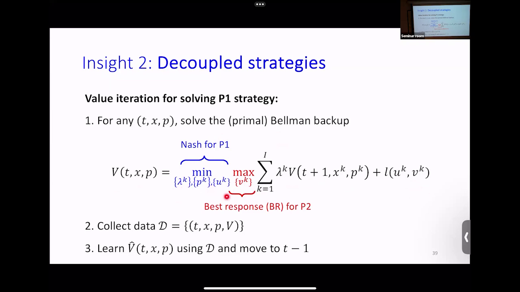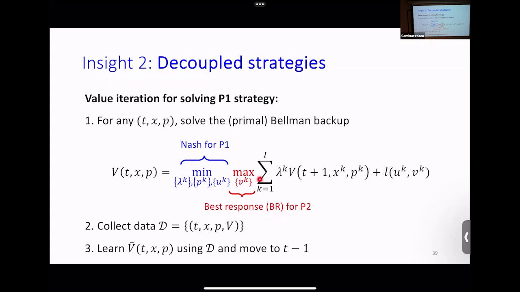And what you're minimaxing here, for the minimization part, you're solving the Nash equilibrium for player 1. So this is how you decide whether it's beneficial to split, to have a mixed strategy, or there's a pure strategy that's already the best. And then the maximization part is just the best response from player 2. Since this is best response, it's always a pure strategy. It's not going to be a mixed one.